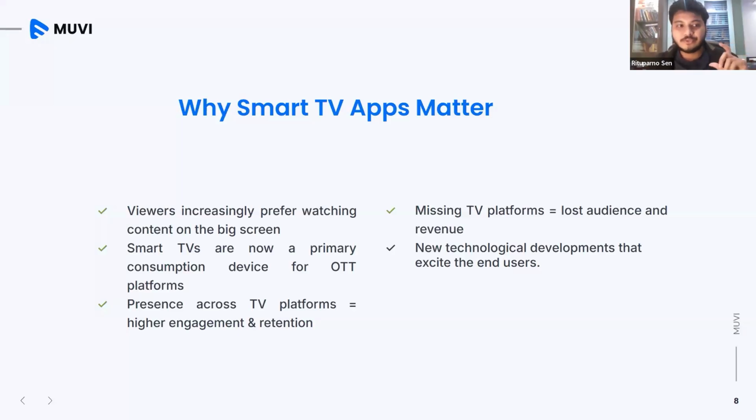So this helps you get better branding than your competitors in this space, because when you build a native app for that specific OS, it gives you better credibility and the end user experience gets much more enhanced. This is what we need to focus on while launching TV apps: how we are going to enhance the end user experience, with obviously the challenges and fun of building TV apps that we get along the way.